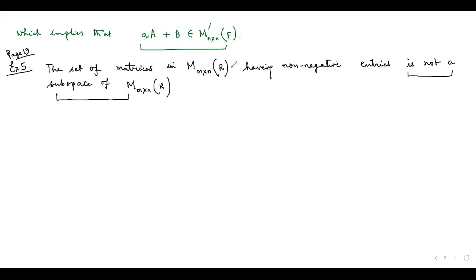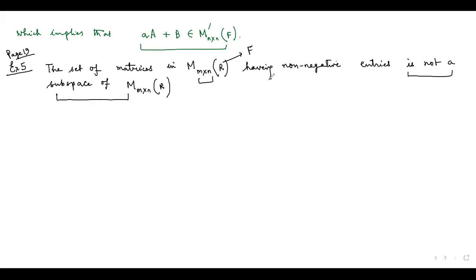What is M cross N R? M cross N R is the set of all matrices whose order is M cross N. It is not talking about the square matrices. It is talking about the matrices of any order. What is R? R is the field. So the matrix elements are all real numbers.